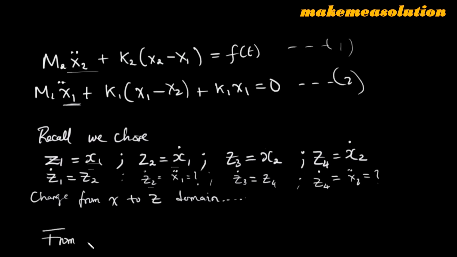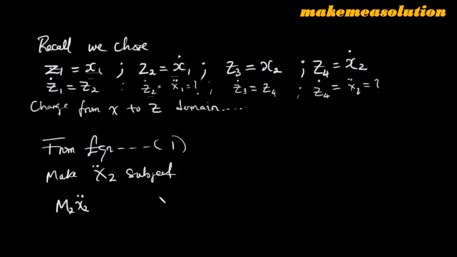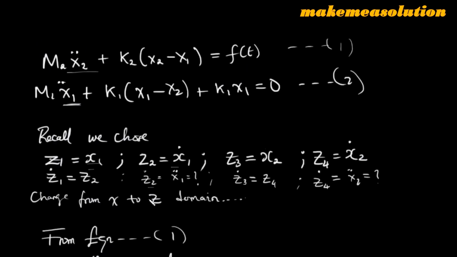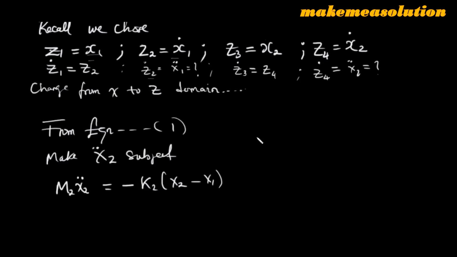From equation 1, we are going to make x2 double dot the subject. That will give me m2 x2 double dot equals minus k2 into x2 minus x1, plus f of t.